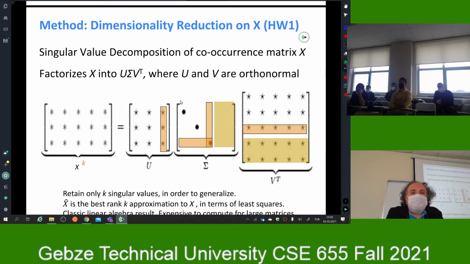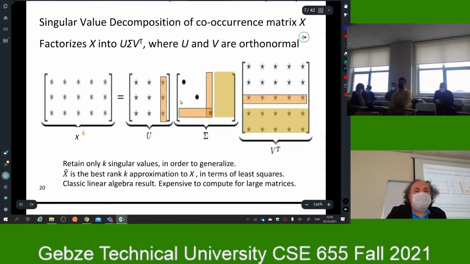The linear algebra theory says that any matrix, whether rectangular or square, can be decomposed into three components: U, sigma, and V. This sigma component is a diagonal matrix. Only the diagonal elements are non-zero; the rest of them are all zero.